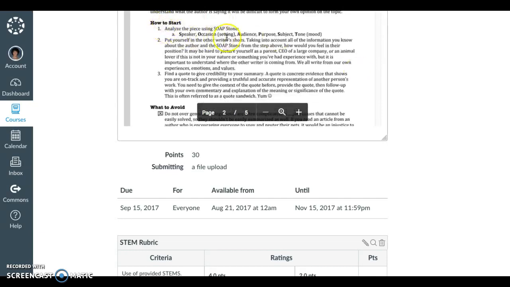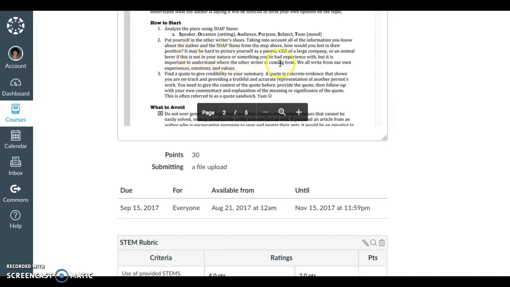We talked about how to start, doing the soapstone. Put yourself in the other writer's shoes, taking into account all the information you know about the author and the soapstone that you just did. And how would you feel in their position? Make sure you form an opinion.